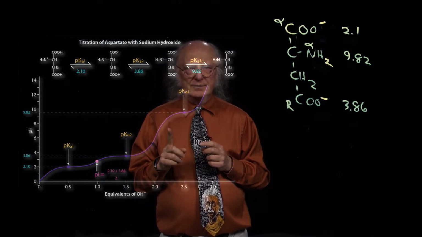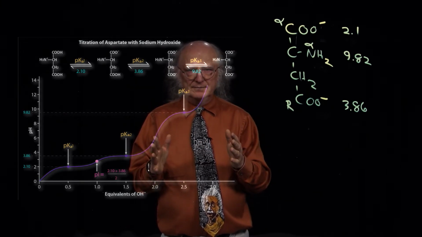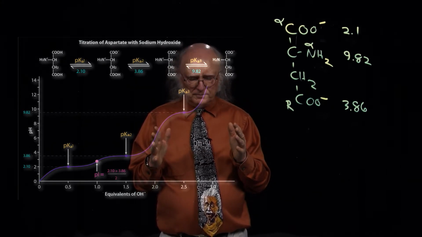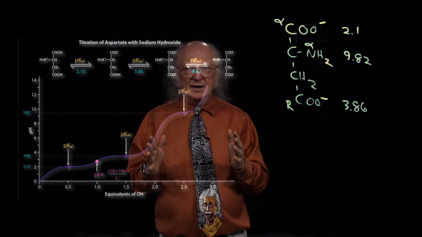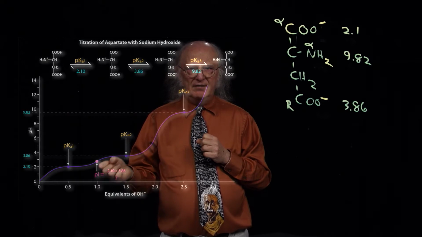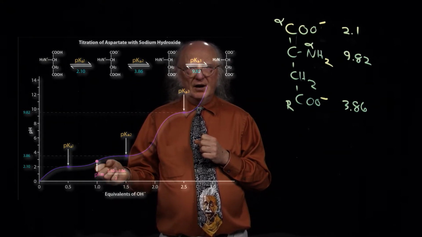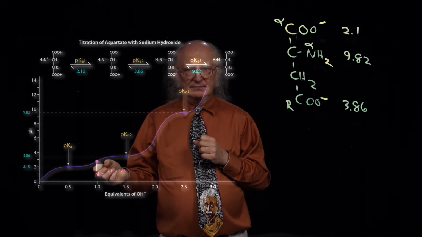So here it goes. If you have a buffer system that has a pH that's 1 or more units below the pKa value, the proton is on and you have predominantly the weak acid.